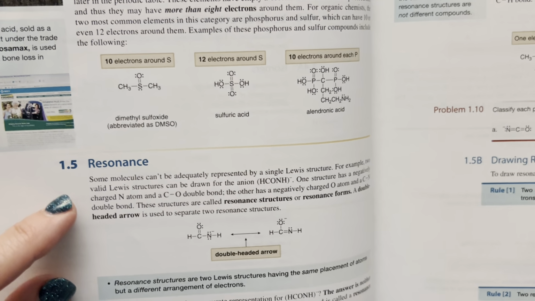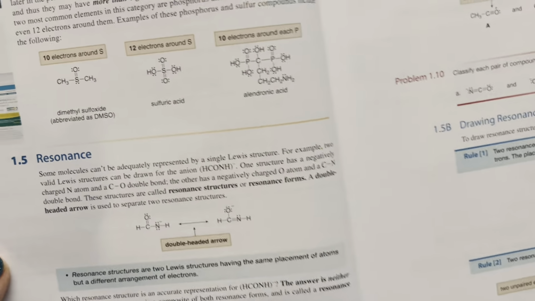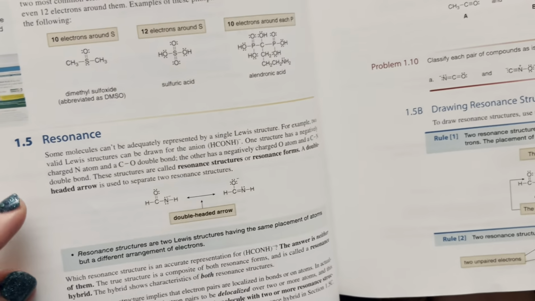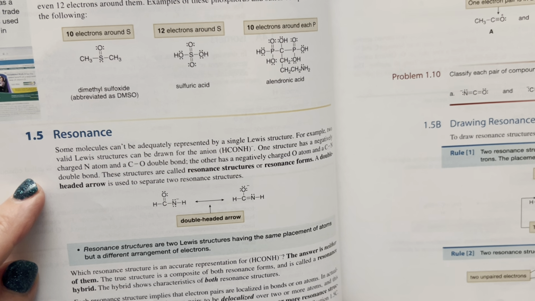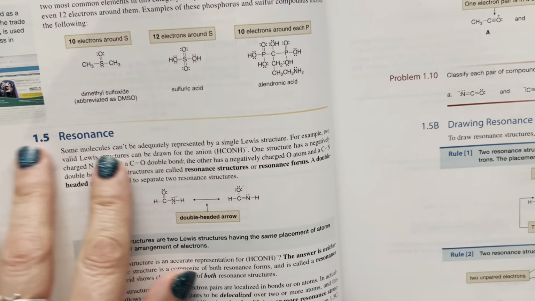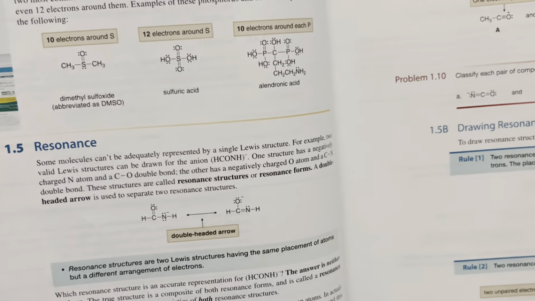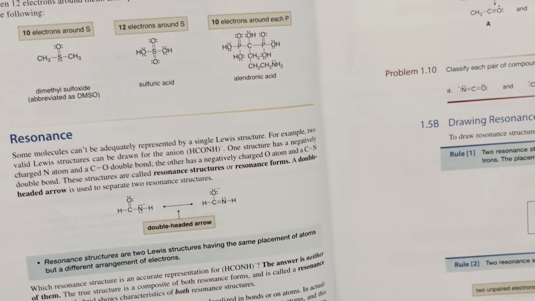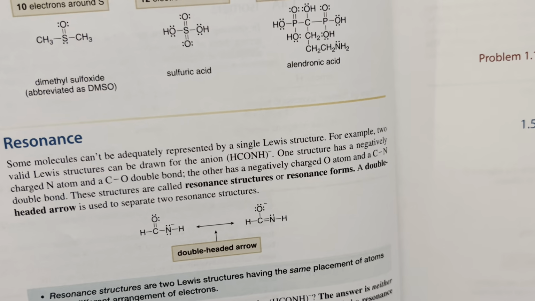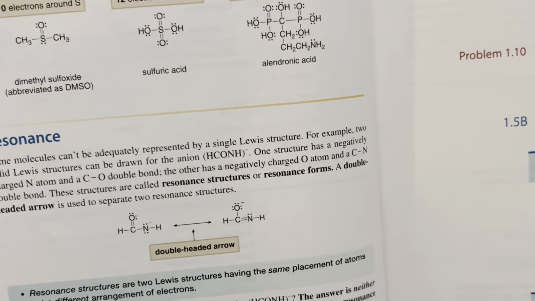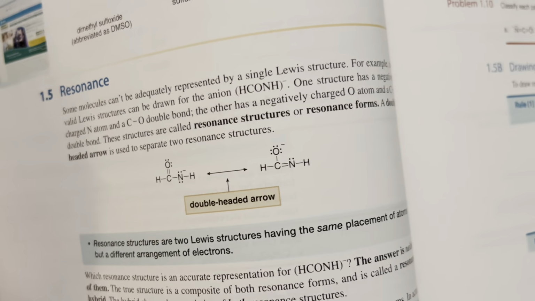All right, so we need to know how to draw Lewis structures and then take it one step further and understand that, as it says here, some molecules can't be adequately represented by a single Lewis structure. For example, two valid Lewis structures can be drawn for the anion that is shown here.